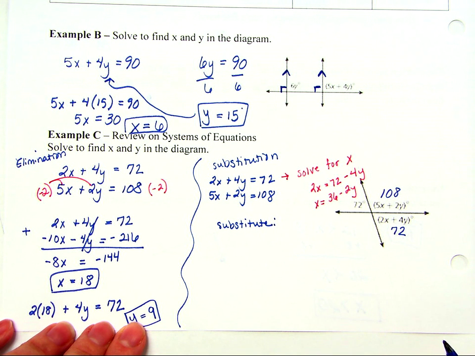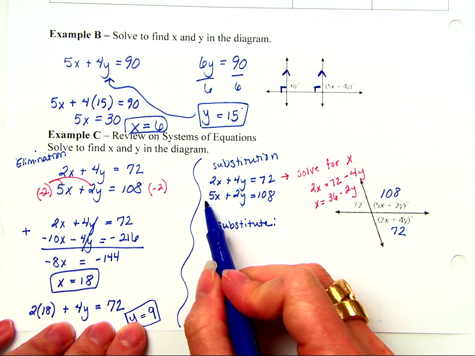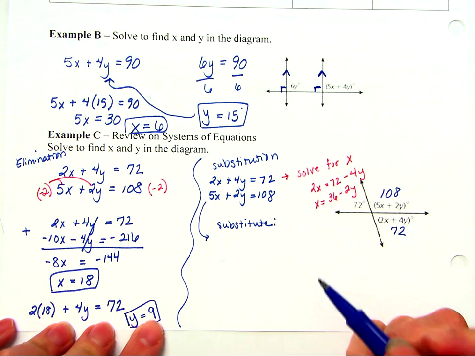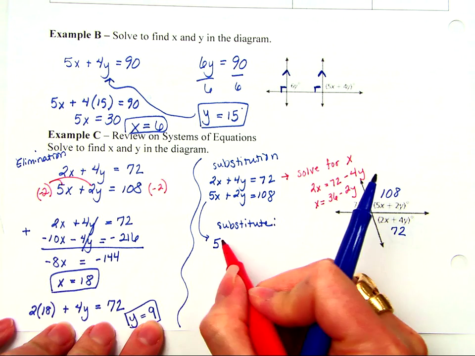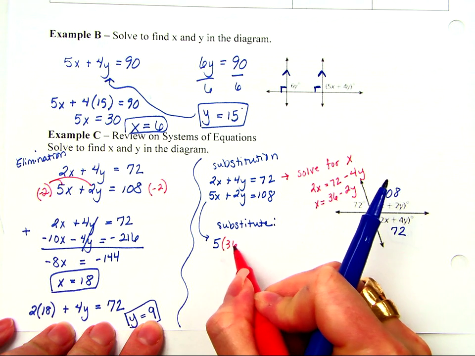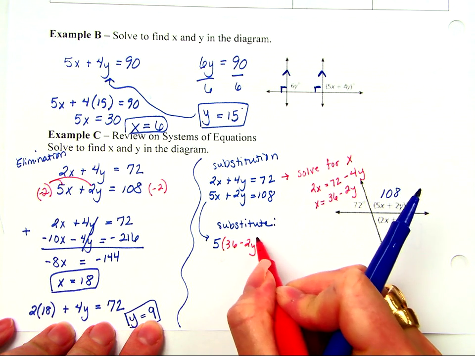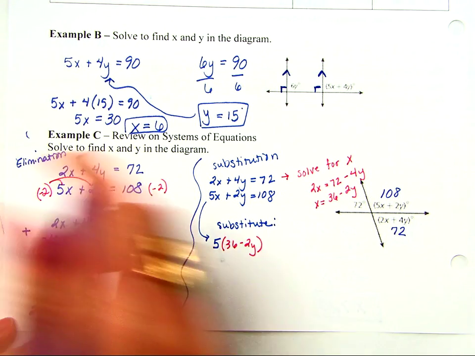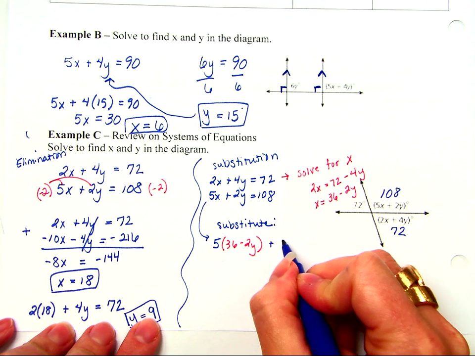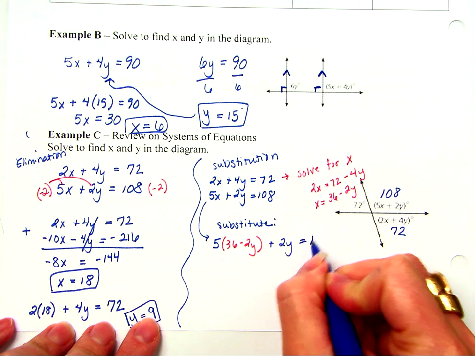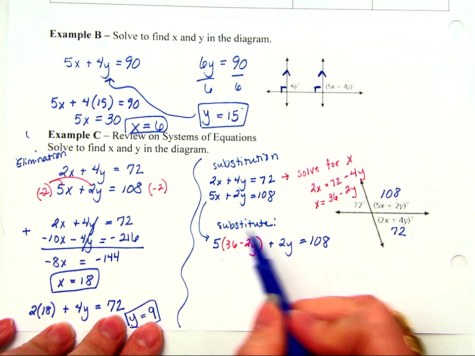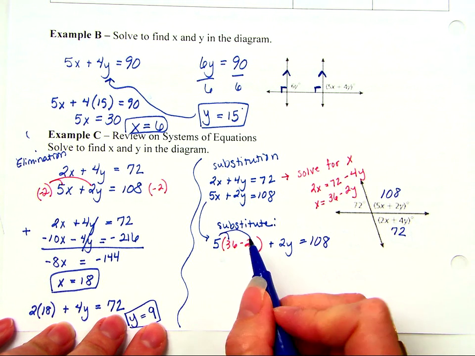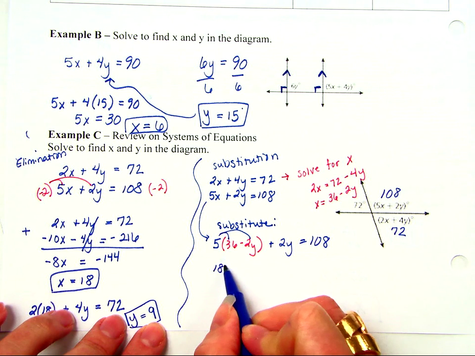So I'm going to take this equation and substitute, but instead of saying x, I'm going to say 5 times my 36 minus 2y, plus 2y equal to 108. Now we simply just have to do some distributing, simplifying, solving, and we'll be able to figure out the y value.